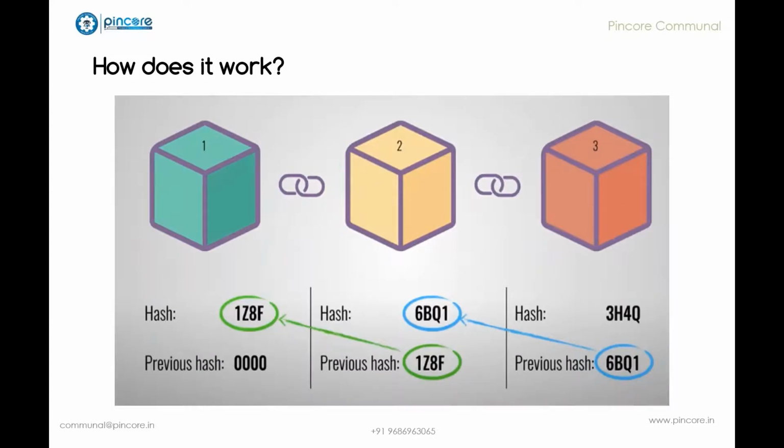If you observe carefully, each block has a hash and the hash of the previous block. Block number 3 points to block number 2 and block number 2 points to block number 1. Here the first block is a bit special as it cannot point to a previous block because it's the first block. So this first block is called the genesis block.